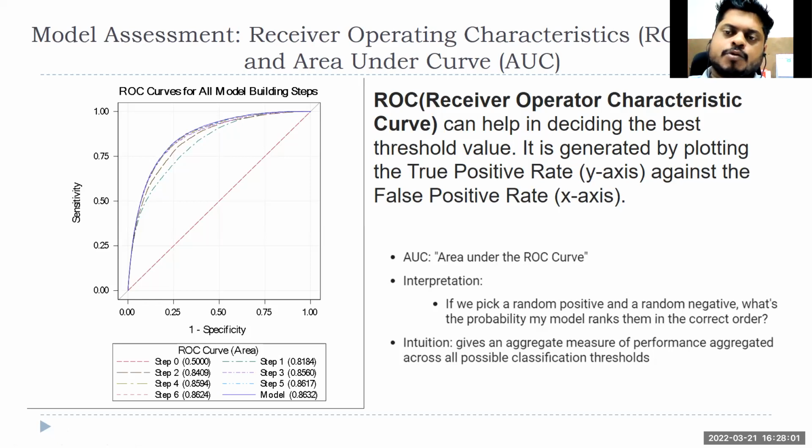Because in the model, any email which has a probability of becoming spam greater than 0.6 will become a spam email, right? So for any two emails, I'm able to correctly predict whether that will go to the spam folder or not. That gives nothing but my area under curve, right?